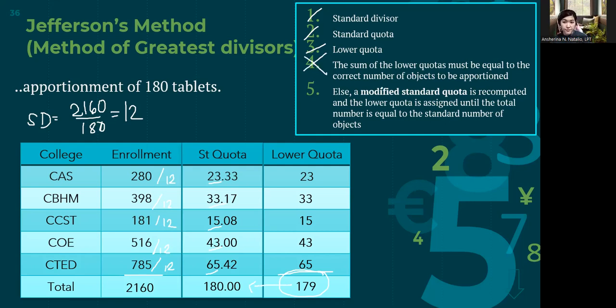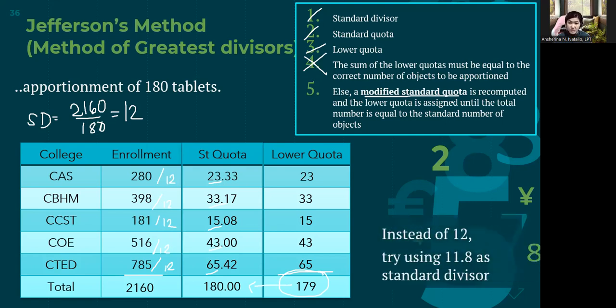So let's go to step number 5. We need a modified standard quota. Ano to? So, ang ibig sabihin nito, we will change the standard divisor. We'll just think, what if we make it lower? Okay, not too low.